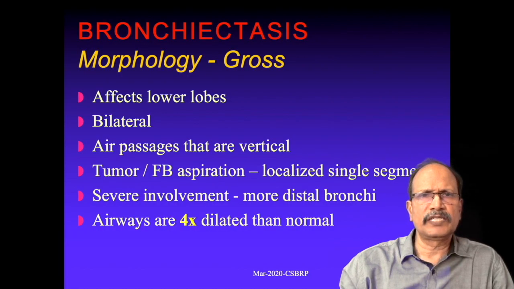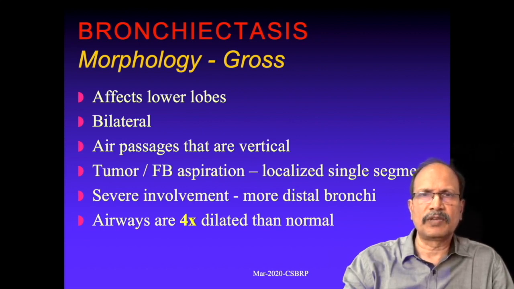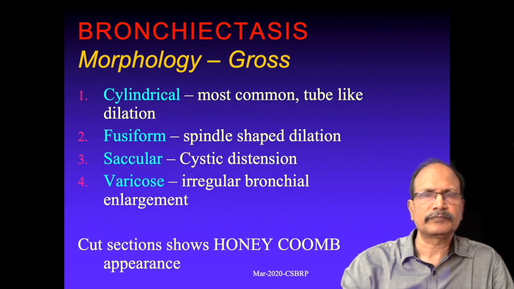So bronchiectasis usually affects the lower lobes. In many of the cases, they are bilateral, and tumor and foreign body aspirations may be associated with a localized, single segment involvement in the bronchiectatic process. And these airways are 4 times more dilated than the normal bronchial passages.